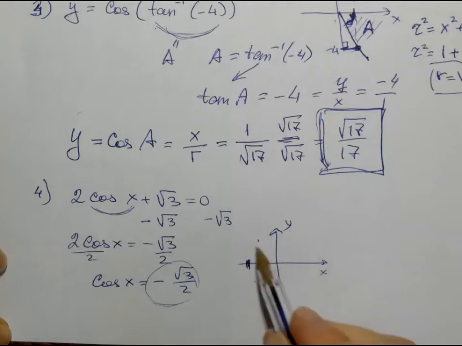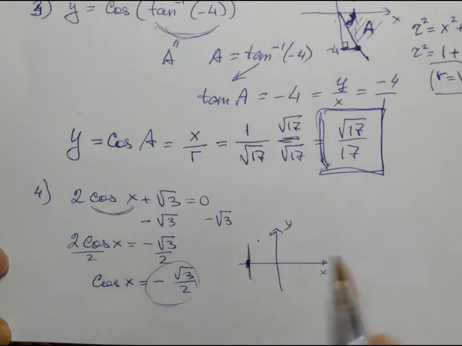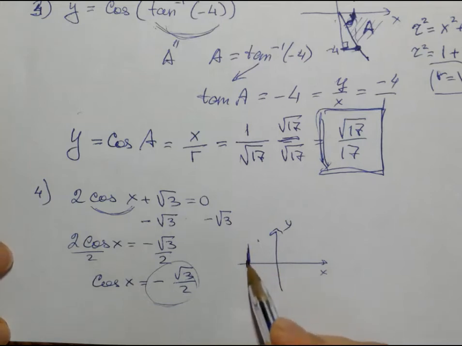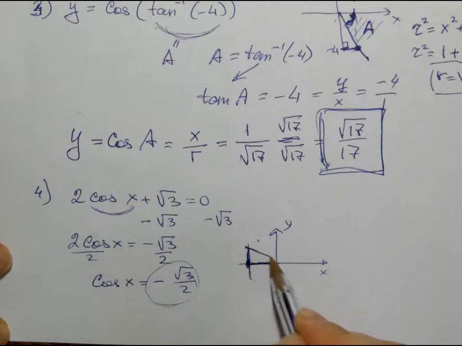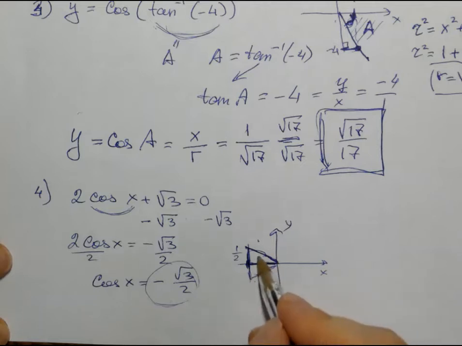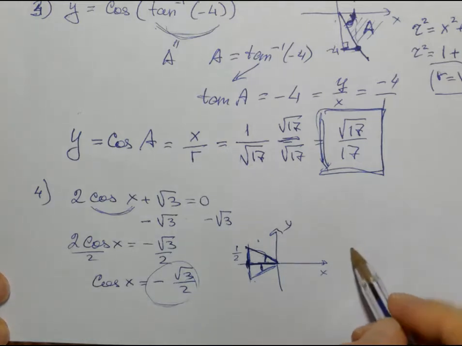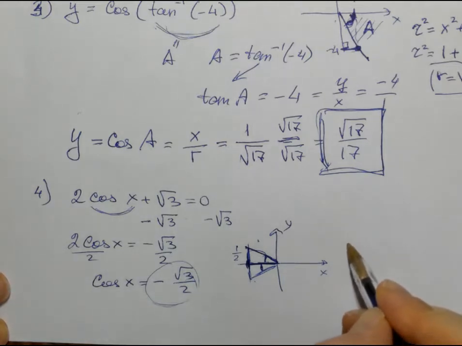Negative square root of 3 over 2, you know, is the cosine of a reference angle 60 or 30. And you see x is the longer leg, so the other leg in this 30-60 triangle must be 1/2. So the reference angle will be 30 degrees.